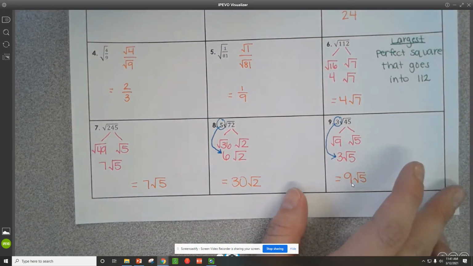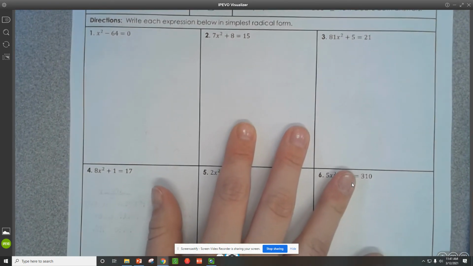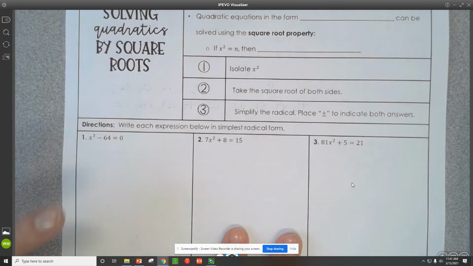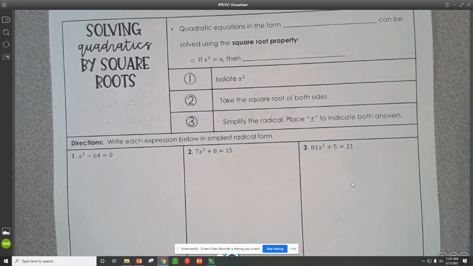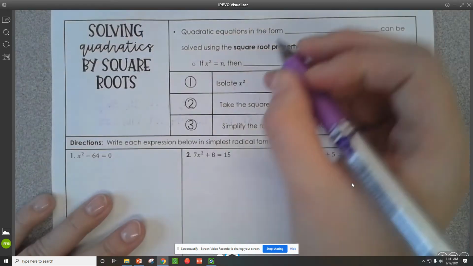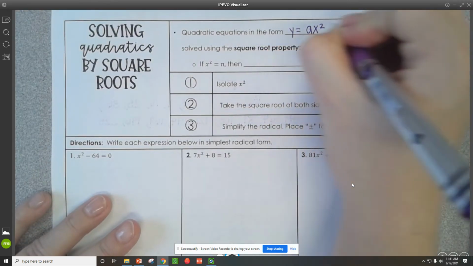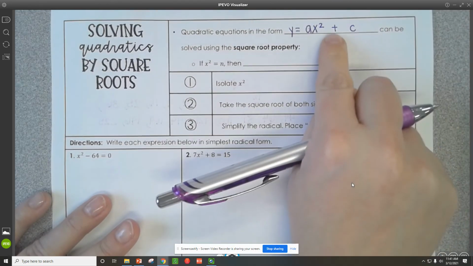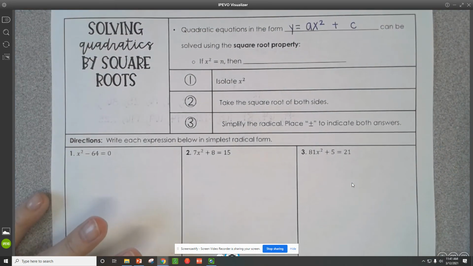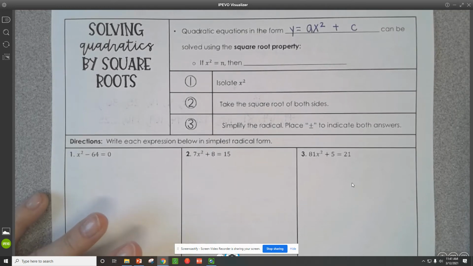All right, so let's turn our page over. And now we're going to actually get into some quadratics. And so when we have a quadratic in this form, ax squared plus c, we're missing the bx, then we can do it by the square root property.